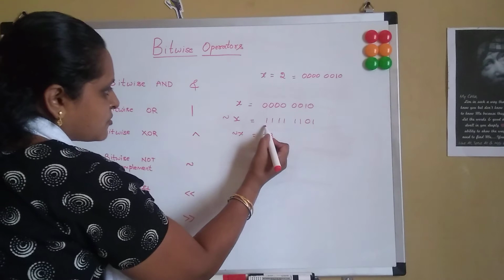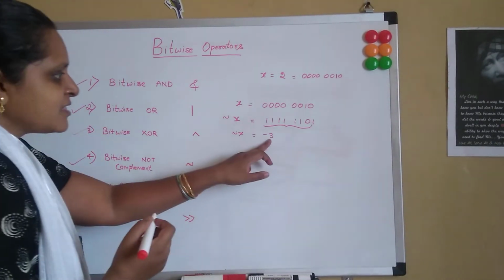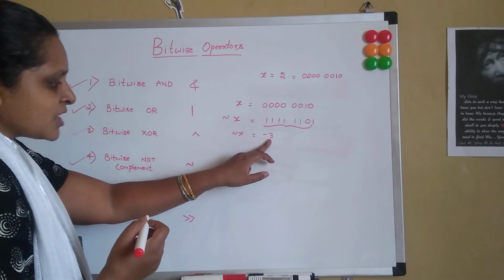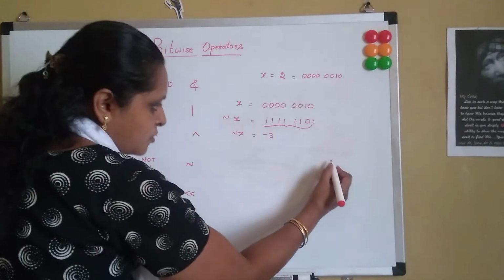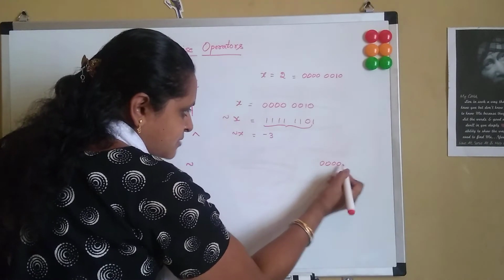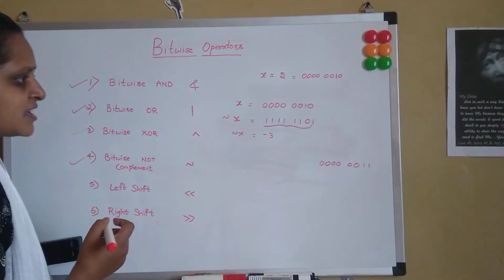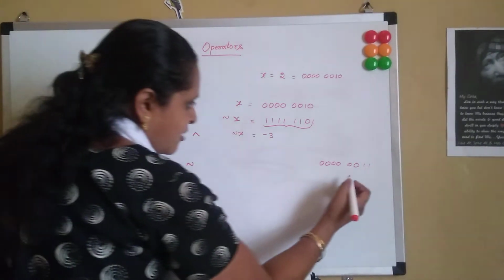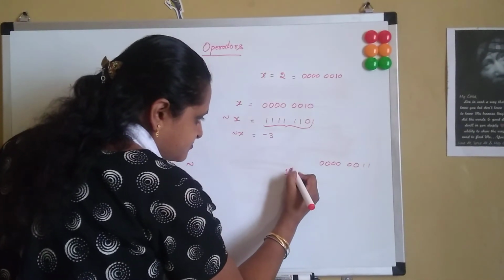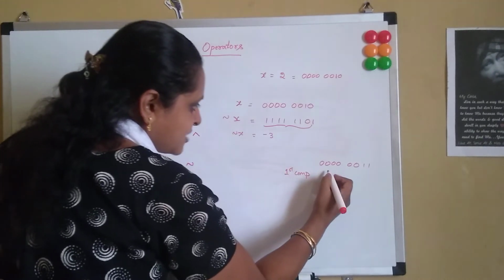Now to check that this value is equal to -3, what do we do? We take the 2's complement of the number 3. So let's take 3 in binary format. So it becomes equal to 0, 0, 1, 1. This is 3 in the binary format. Now for 1's complement, we have to invert the bits.